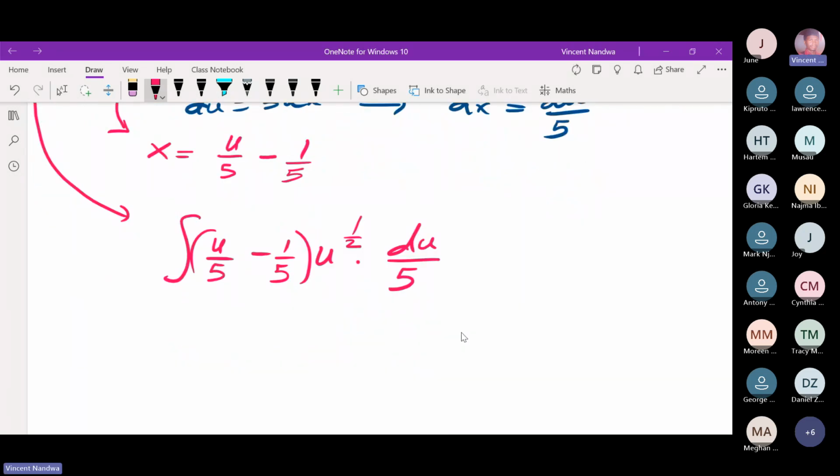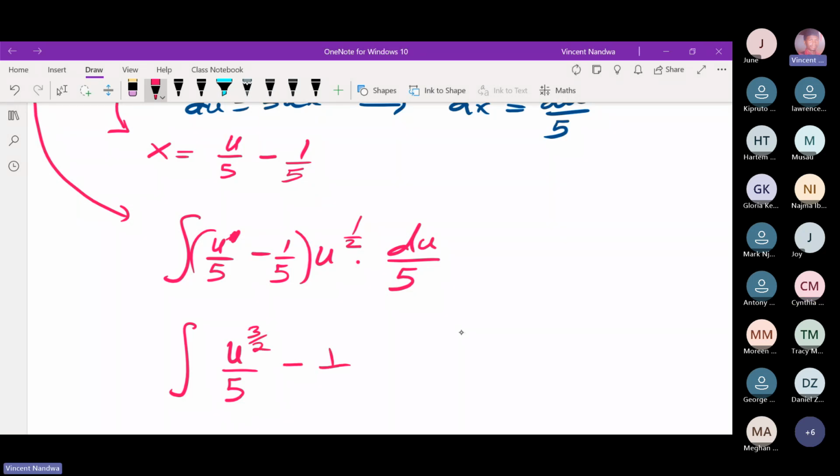So remember, u is the same as u to the power 1. So u to the power half times u to the power 1: the power of u here is 1, so what is 1 plus a half? 3 over 2.